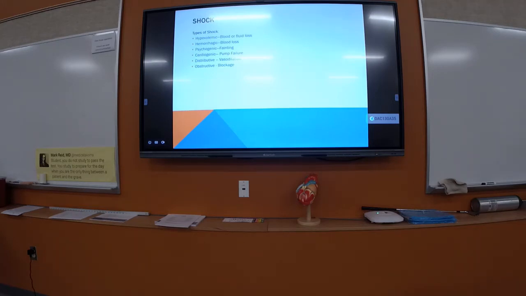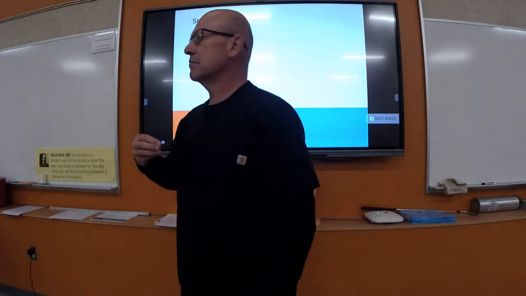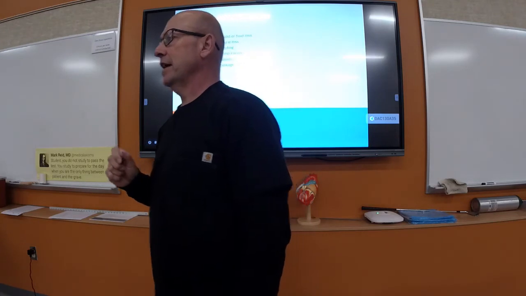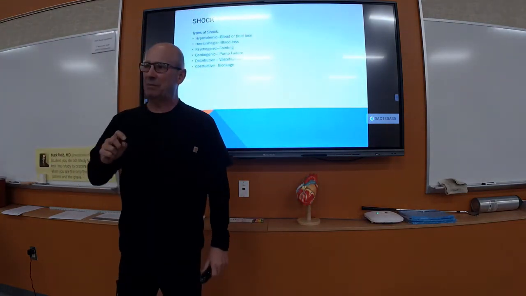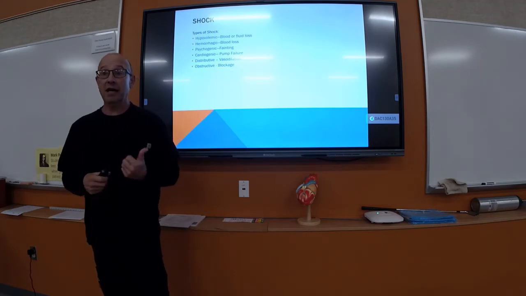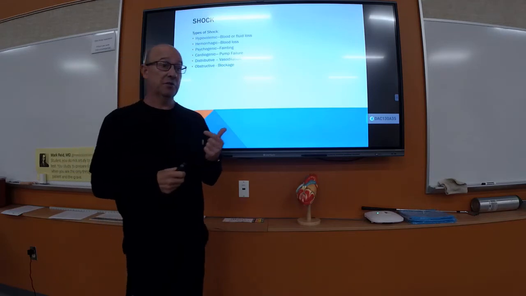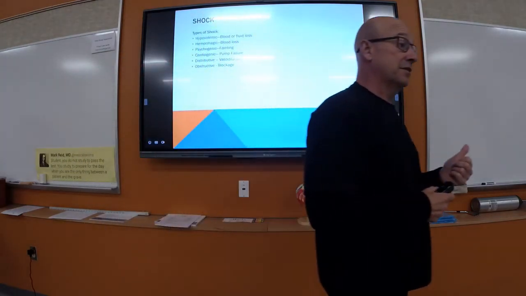Let's look at the types of shock. The definition for shock is the inability of the body to supply oxygen and nutrients to the cells. The nutrients would be glucose.